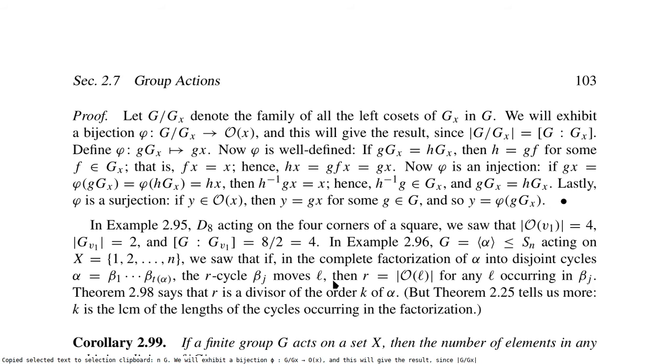Now to prove that this is a bijection, you have to prove the injectivity. If you have gx equal to phi of this coset generated by g, that is equal to the coset generated by h, because hx is equal to gx, since there is always some f which will let you have that.